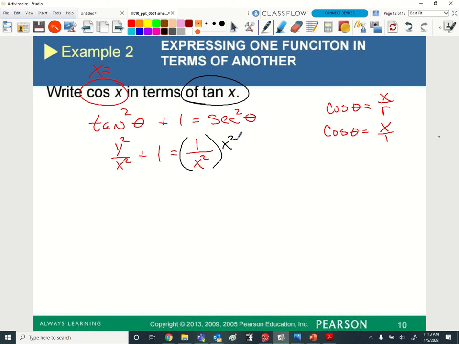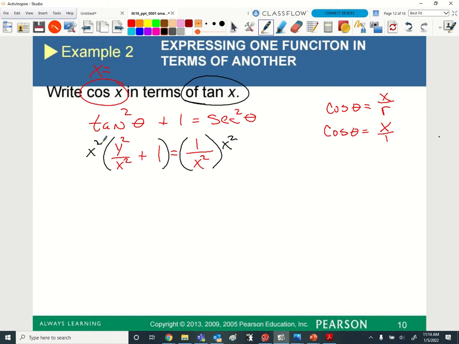Does that make sense or no? So we change this into these. This is trig language. This is algebra language. So we're multiplying both sides by x squared. Yes? Okay.